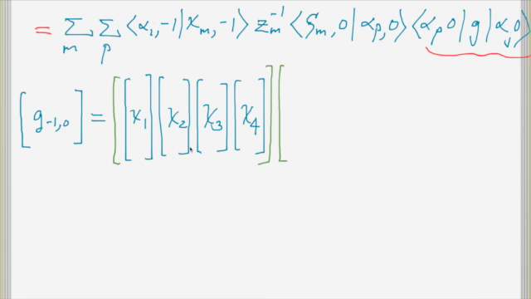a diagonal matrix of my propagation factors: Z1 inverse, Z2 inverse, Z3 inverse, Z4 inverse.